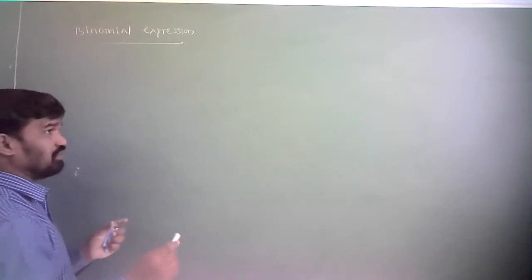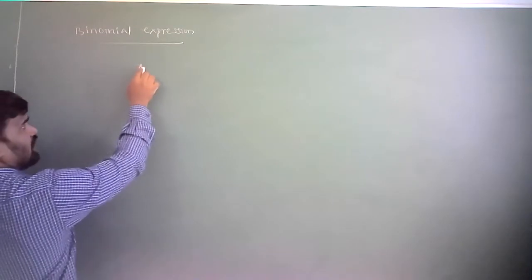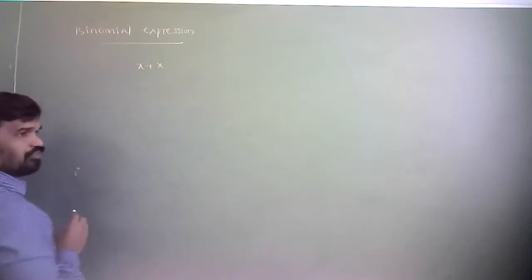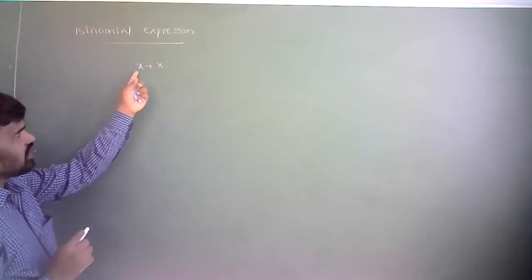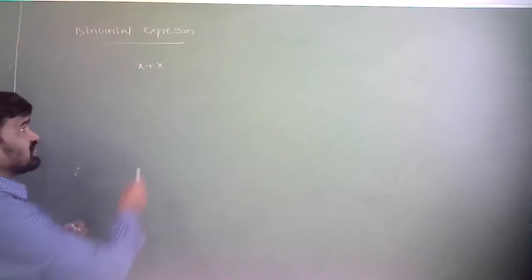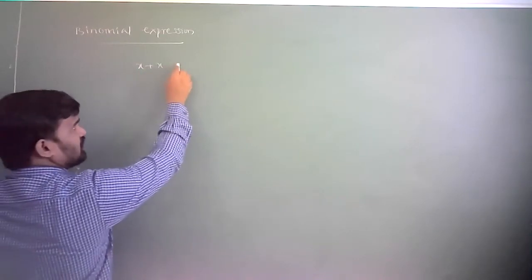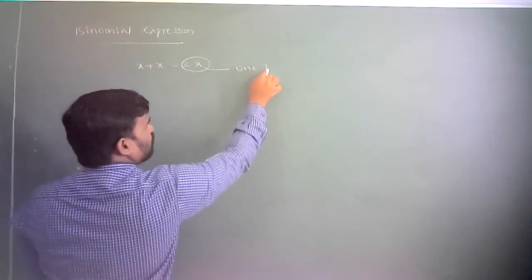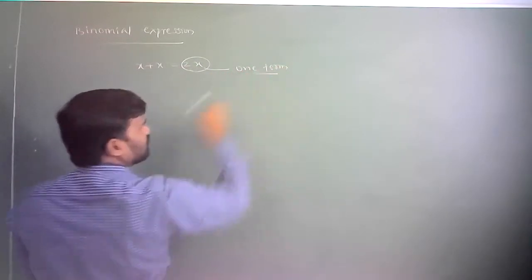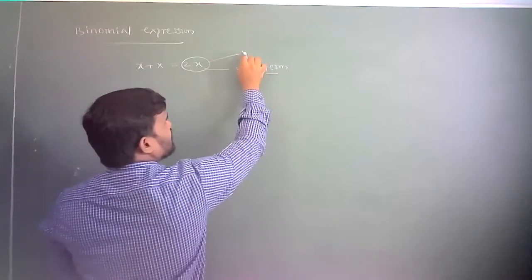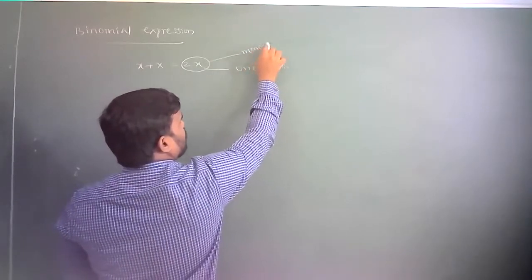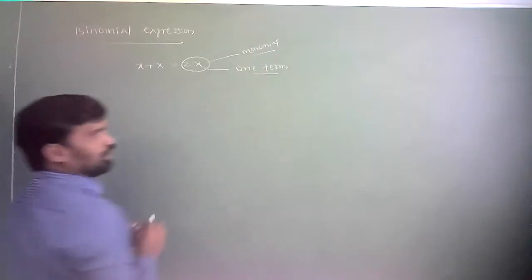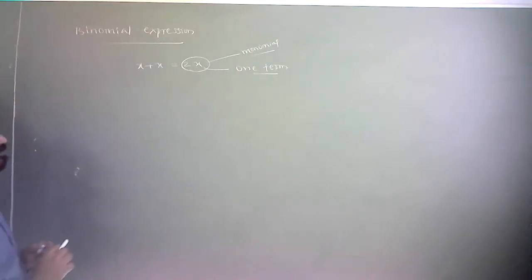For example, x plus x: I could not say it has two terms, because x plus x equals 2x, which has only one term. So we call it a monomial, having only one term.